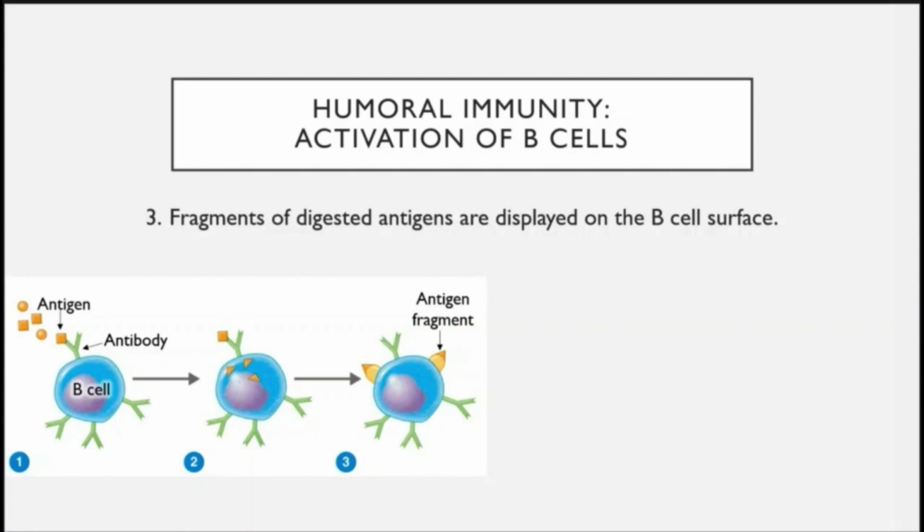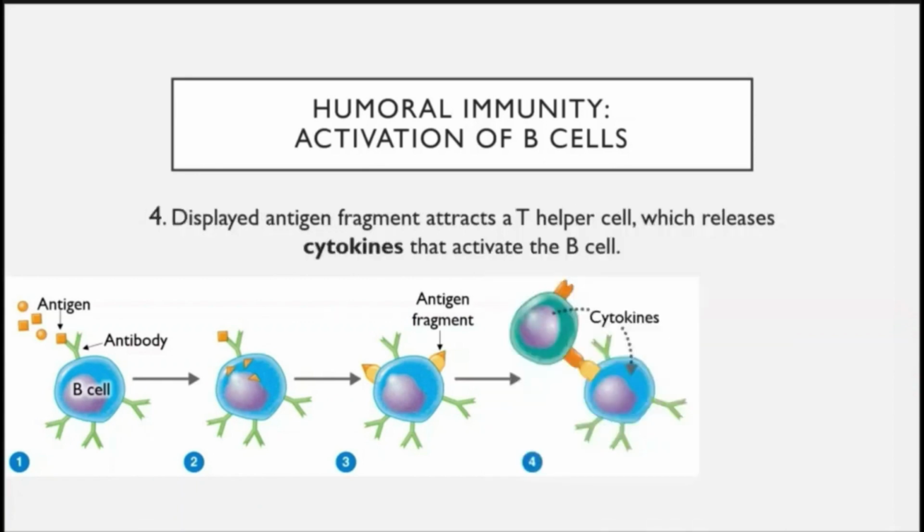And that fragment of the digested antigen is then displayed on the outer cell surface. Next, that displayed antigen fragment attracts a T helper cell, which releases cytokines, and that activates the B cell.